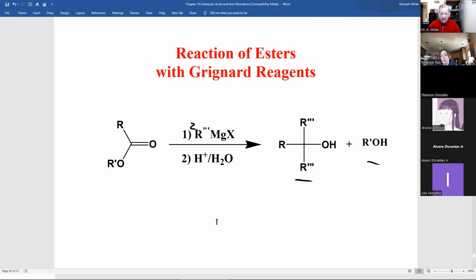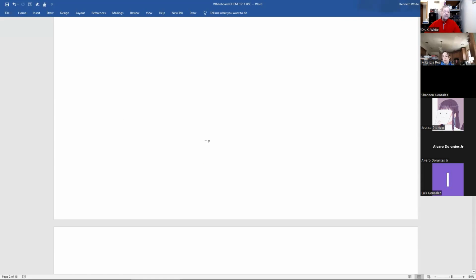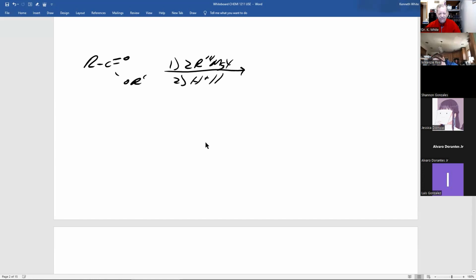Now, first of all, let me rewrite it. Now, at my level, we don't put the 2 in there because everybody knows it should be there. See, organic chemists are lazy when we can be. But for this class, I will. Keep your eye on the carbonyl carbon.